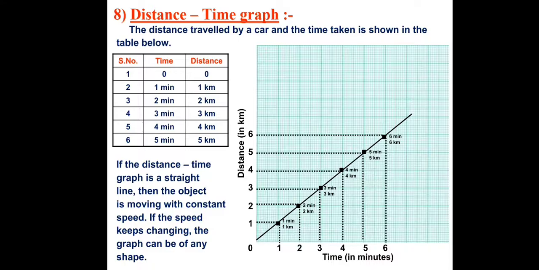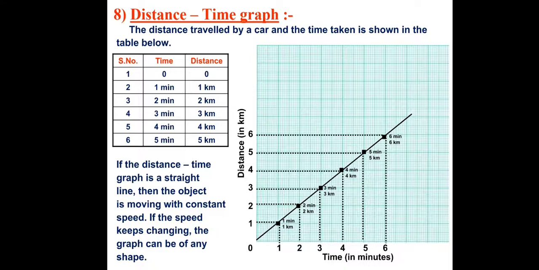Now children, we can plot graphs. You know, graph paper is there in your notebooks at the back of your practical records. That graph paper we are going to use to find out the speed, distance and time. It means graphically we can find the speed, distance and time. So on your screen you can see the distance traveled by a car and time taken is given to you.